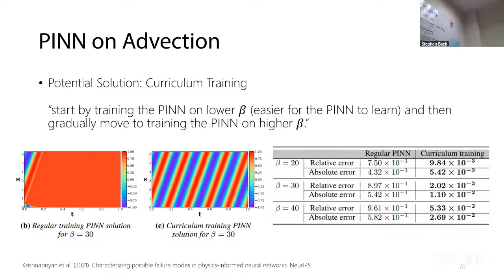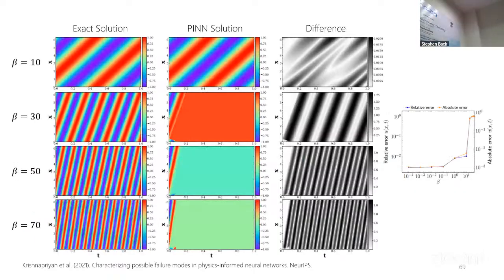So that is the idea of curriculum training. In practice, what this really means is, as we saw in the previous slide, when beta equals 10, it does a fairly good job, right? So what you can do is start with beta equals 10 and pre-train the neural network with beta equals 10.